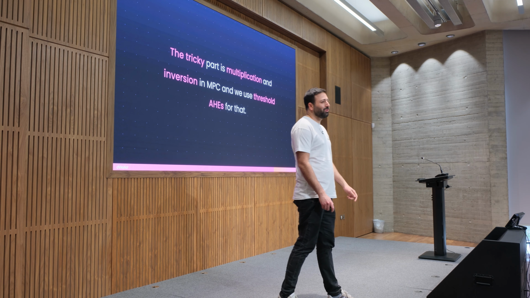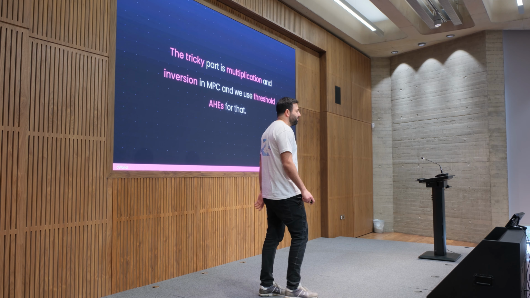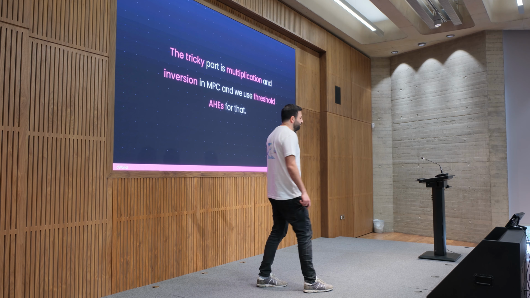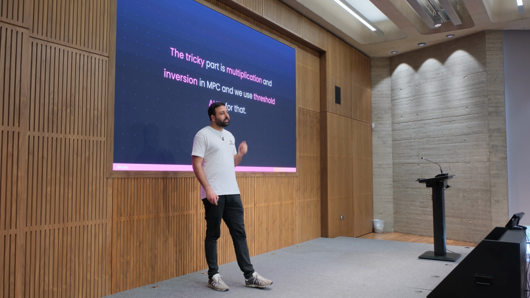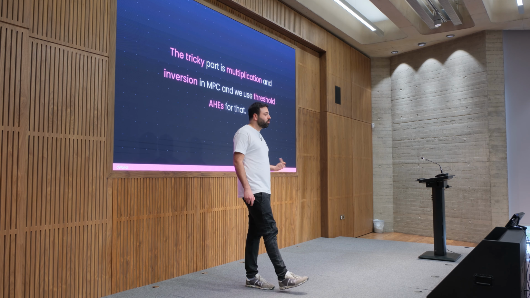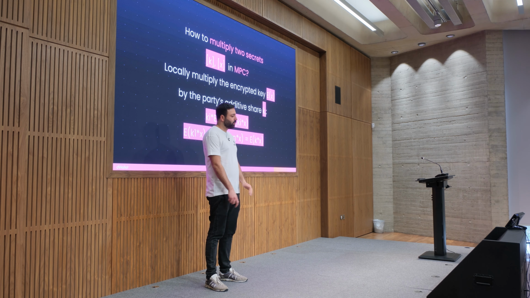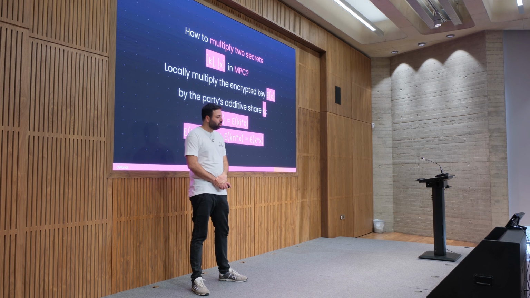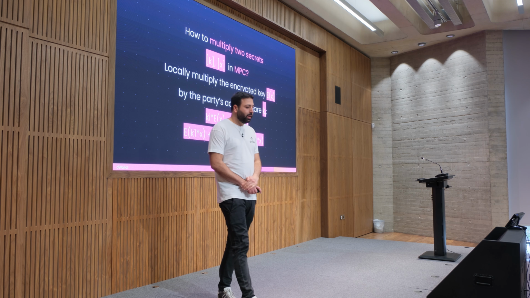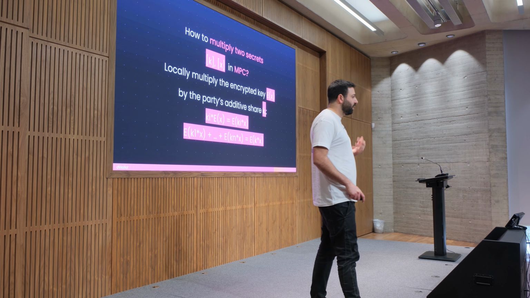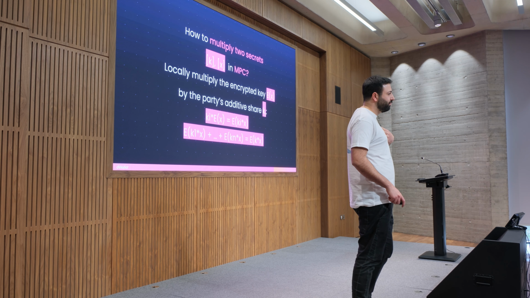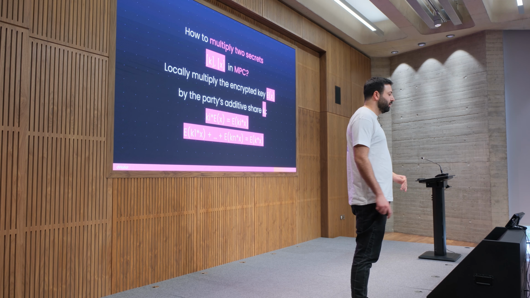The tricky part, of course, is multiplication and inversion. In MPC, that's always the tricky part in these kind of schemes. But we show that using threshold AHEs, you can do that quite easily. So how do you multiply the secrets? First of all, you take an encryption of one of the secrets. And then what you do is you multiply that secret by a scalar, because you are the party with the secret. You can multiply that locally.